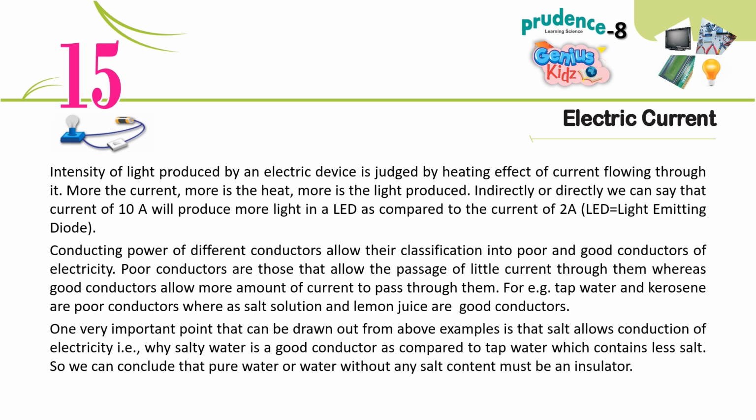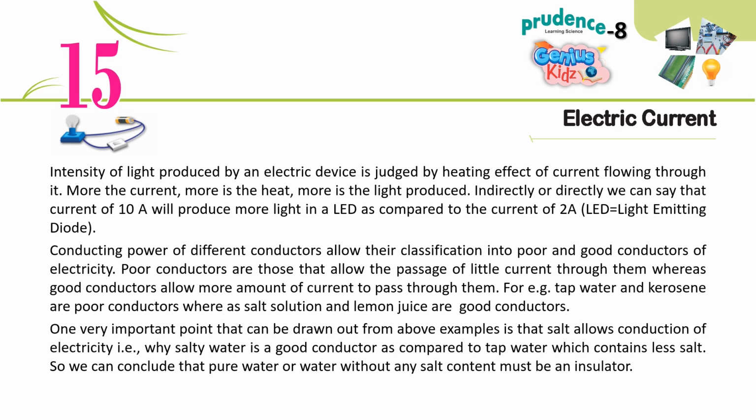Conducting power of different conductors allows their classification into poor and good conductors of electricity. Poor conductors are those that allow the passage of little current through them, whereas good conductors allow more current to pass through them. For example, tap water and kerosene are poor conductors, whereas salt solution and lemon juice are good conductors.